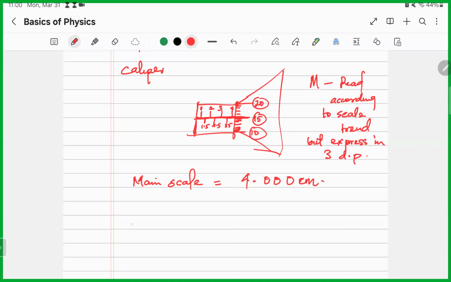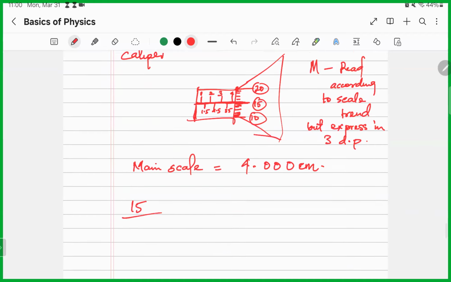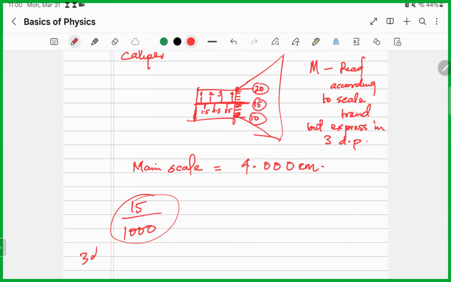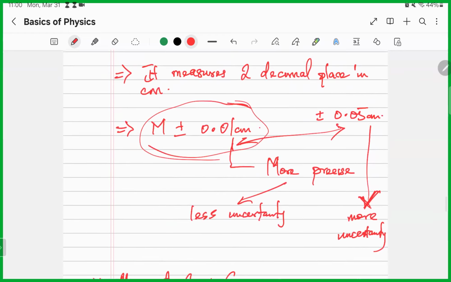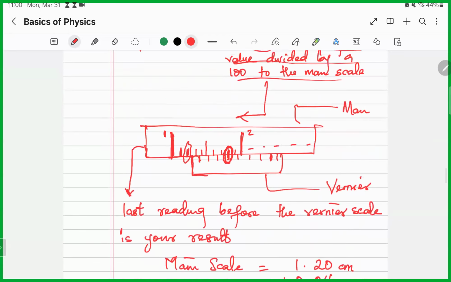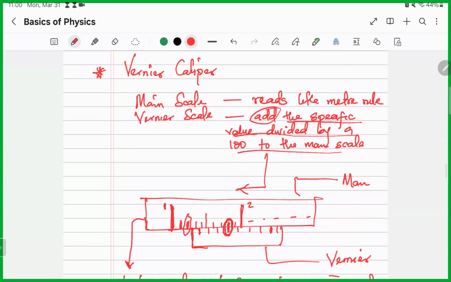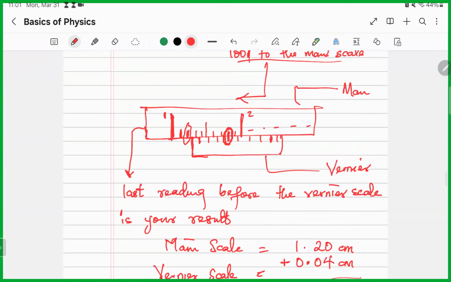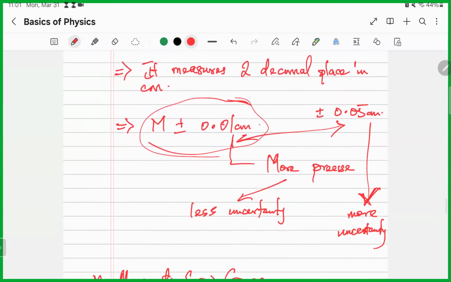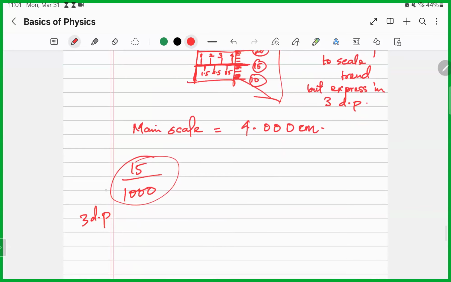The next thing to do is to divide 15 by 1000. In this case, we divide by 1000 because we are expressing to 3 decimal places. In the case of vernier caliper, we divided by 100 because we are expressing in two decimal places. But now we divide by 1000.